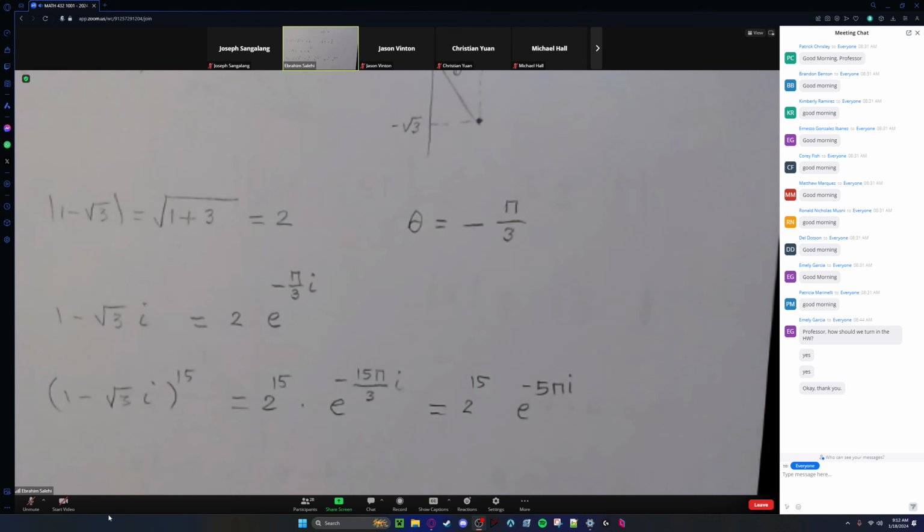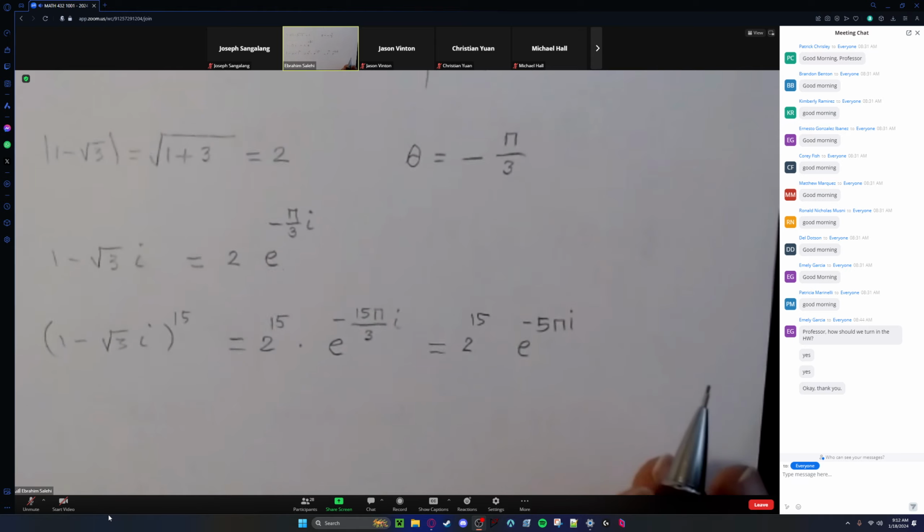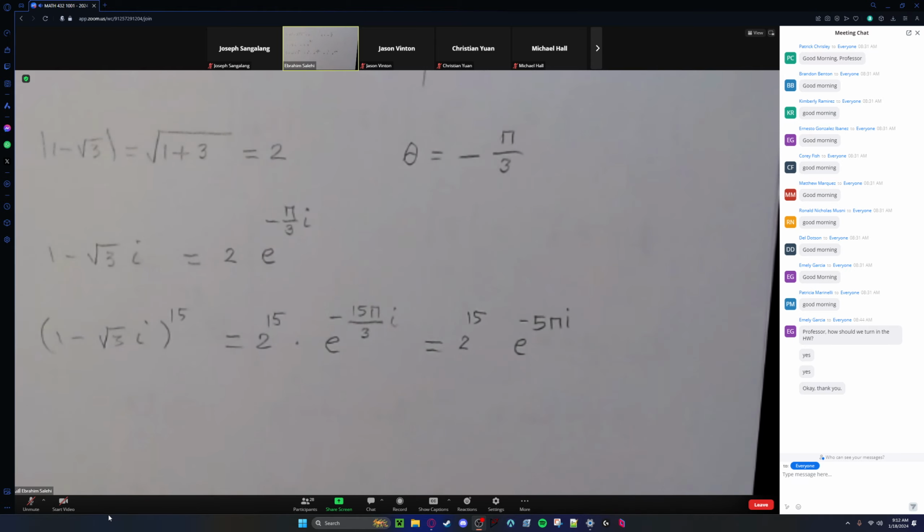So you might ask, what about this now? Well, it's not that bad because then you have Euler's formula. Remember Euler? Euler's formula is very, very beautiful and necessary for us.